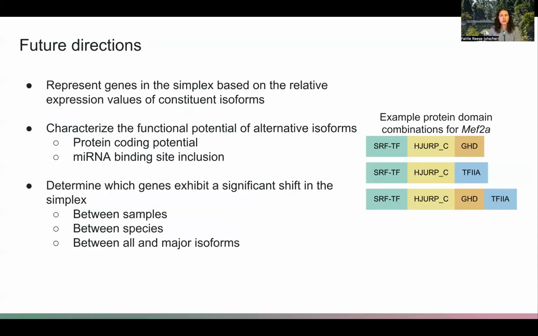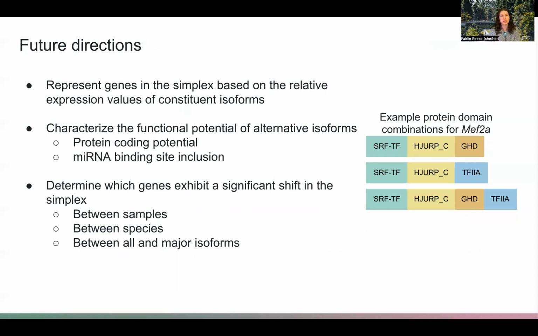So in the future, what we're interested in doing is a couple of things. Firstly, we want to come up with a way to represent genes in the simplex based on the relative expression values of their constituent isoforms. So this would be an alternative to using just the major isoform set that we used in the COL3A1 example.